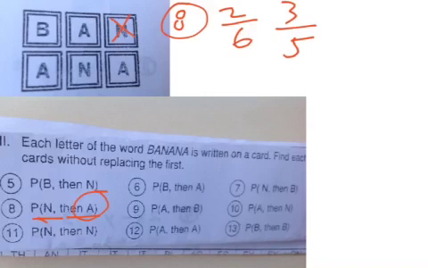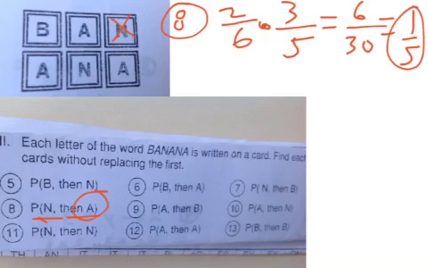That's right, because once one card is gone, 6 cards becomes 5. Multiplying straight across, that's 6 out of 30, which reduces to 1/5. Again, all I really did was divide by 6. Okay? And I got a 1 out of 5 chance of problem 8 happening.